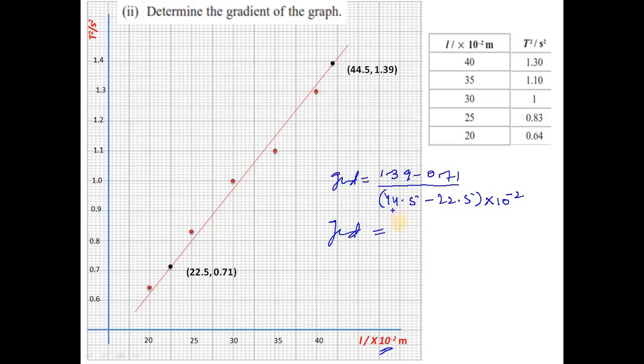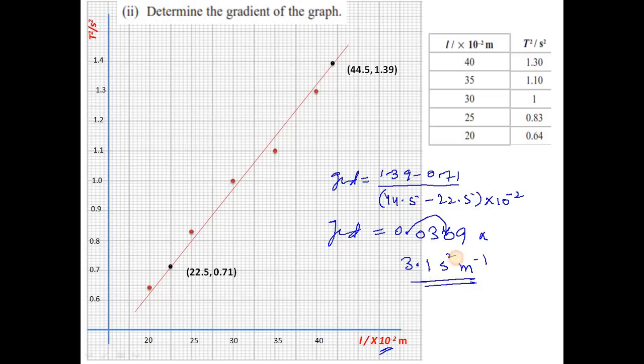When you find the gradient it will give you 0.0309, or you can say 3.1 times 10 to the power minus 2... this is time square, this is length, so s square meter minus 1.